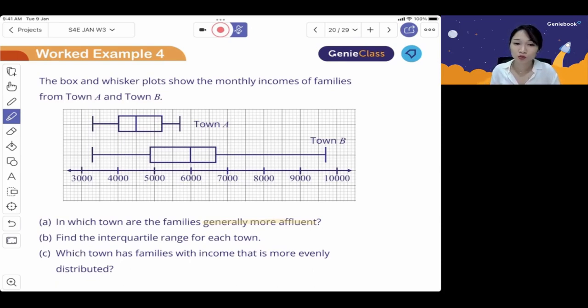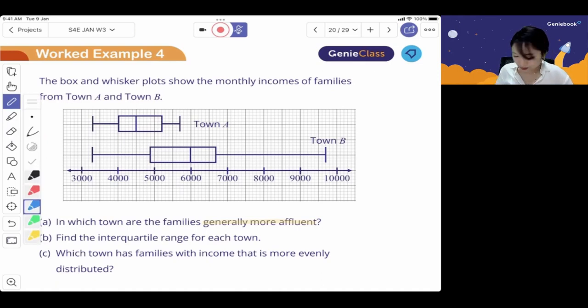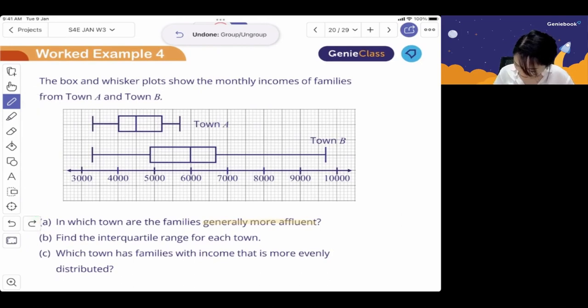What would you use to estimate between the two groups? Very good, Denise. Well done. We will use the median.